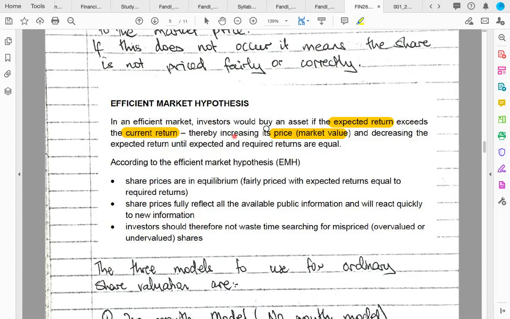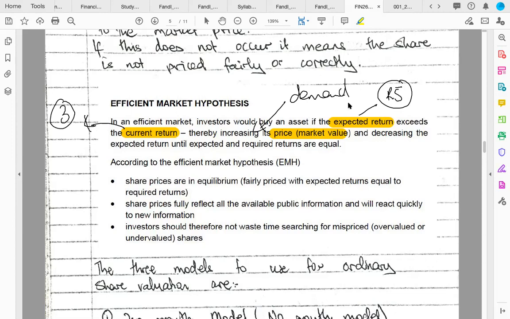current returns it's offering. We expect, for example, maybe this share might be currently paying a dividend of 3 Rand, but you might expect that the share is going to start paying a dividend of 5 Rand. So you might then say, let me rather purchase this share in anticipation of this higher dividend. And then what that will do, that will increase demand.